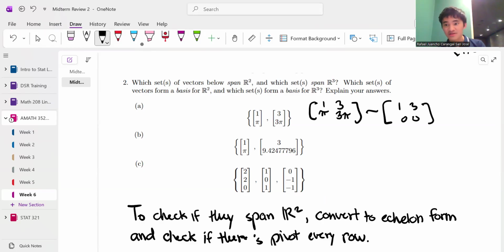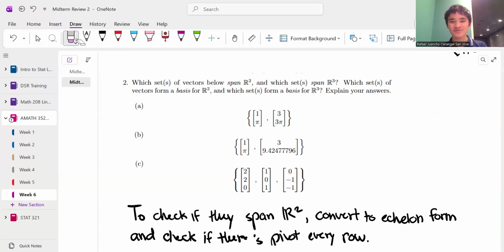If there is no pivot in every column, the column vectors are dependent. So yeah, we're right, they're dependent. And there is no pivot in every row, so they don't span R2. These sets of vectors don't span R2. Well, now what do they span?